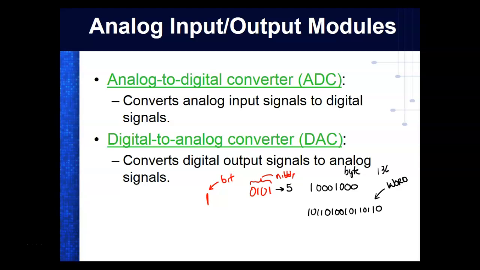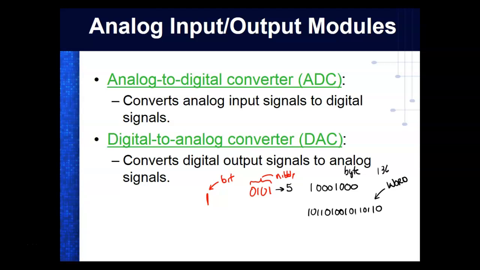So if a word is 16 bits, what would a double word be? 2 times 16, 32. So a double word would be 32 bits. Then we have what we call a quad word, which would be 128 bits, and it moves on. Basically, in microprocessors, words vary, but I'll give y'all the terms on those.